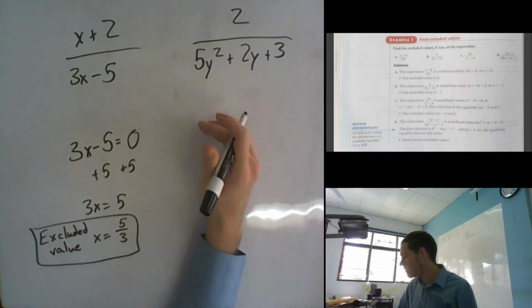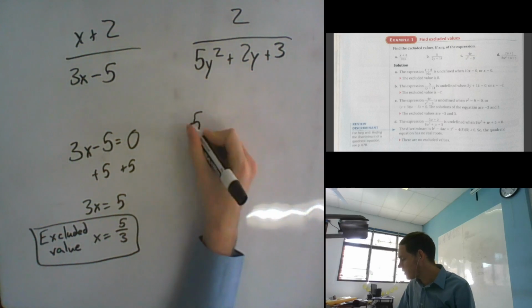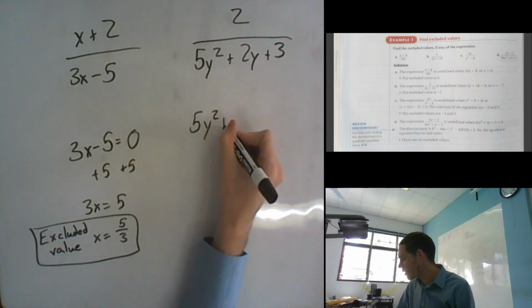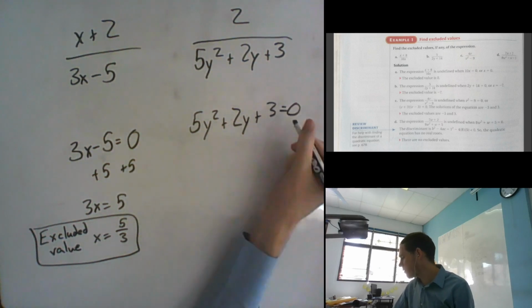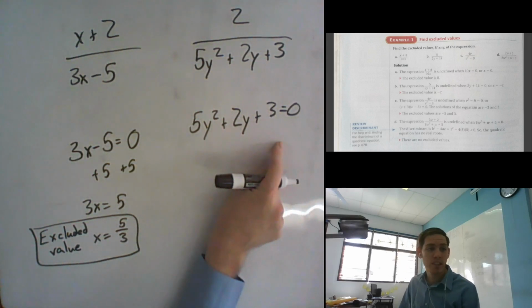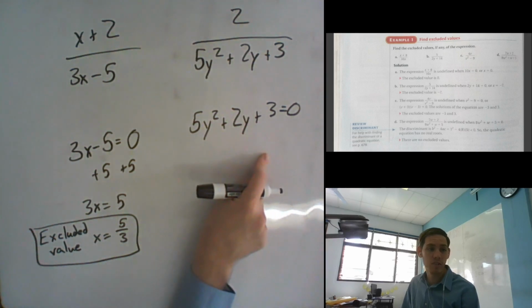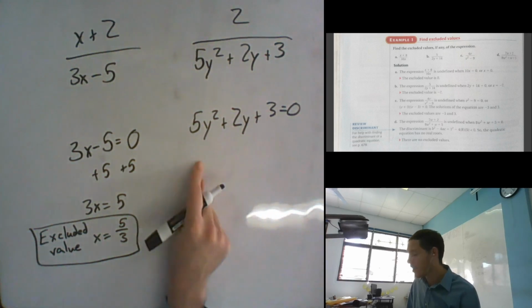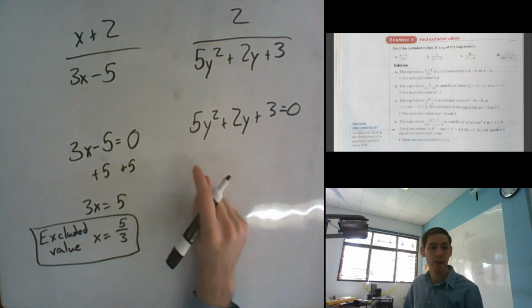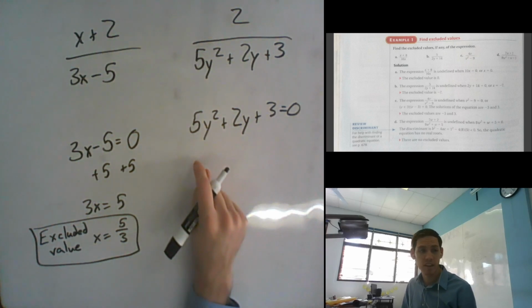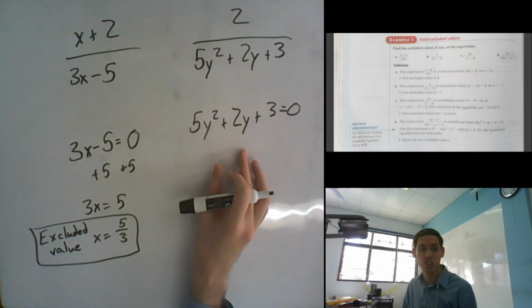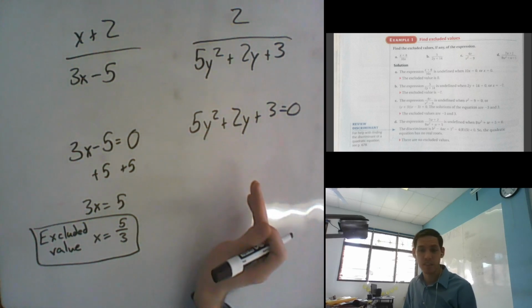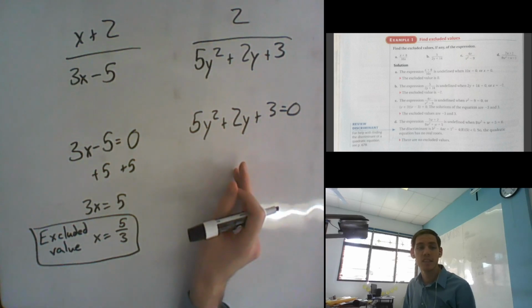So that's what we are used to. Now for this one, we do the same thing. 5y squared plus 2y plus 3 equals 0. Now, normally to find the excluded value, you would need to either factor or use your quadratic. But you can also just check if there is going to be an excluded value by using the discriminant, okay?